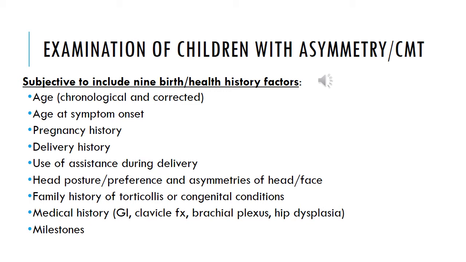Additionally, the clinical practice guidelines have identified these 9 health history factors that would be really important to include as part of the subjective history for the child with torticollis. Certainly, you'll want to know that child's age, both chronological and corrected.